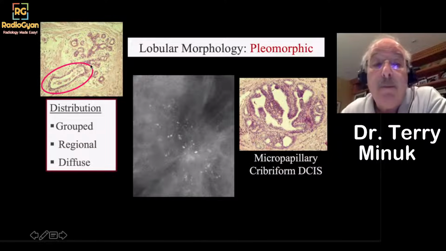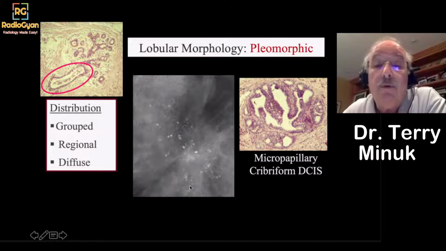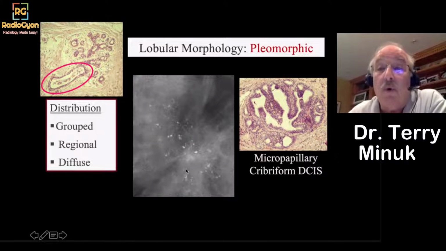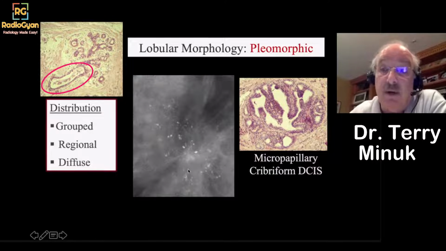So what's happening in this terminal duct is you're getting these papillary or cribriform growth patterns, and you get calcifications in those cribriform holes, and it causes this appearance of calcifications. This tends to be an intermediate or low-grade DCIS, not like the ductal calcifications of high-grade DCIS.